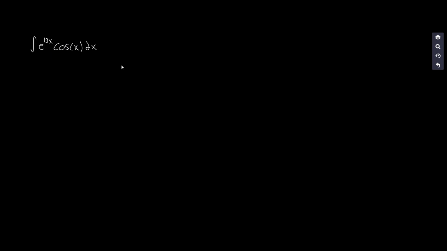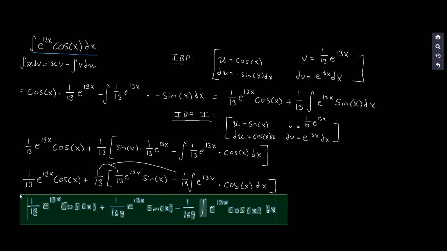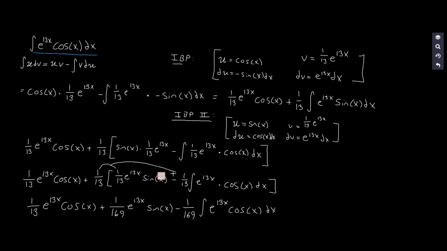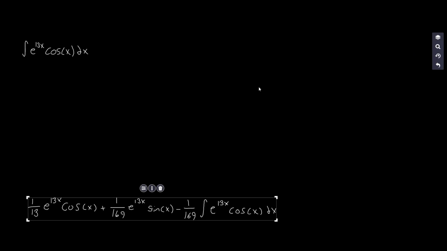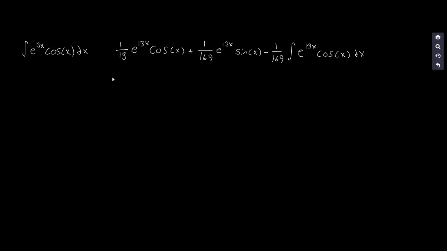So I'm going to bring that over, and I'm also going to bring out what we have over, excluding that line. And these are equal to one another. We can think of the integral of e raised to the power of 13 times x times cosine of x integration with respect to x like it's a variable.